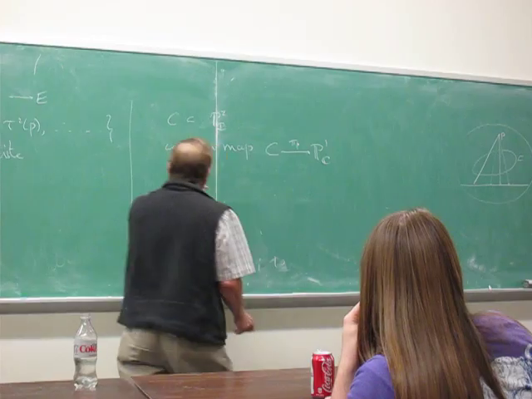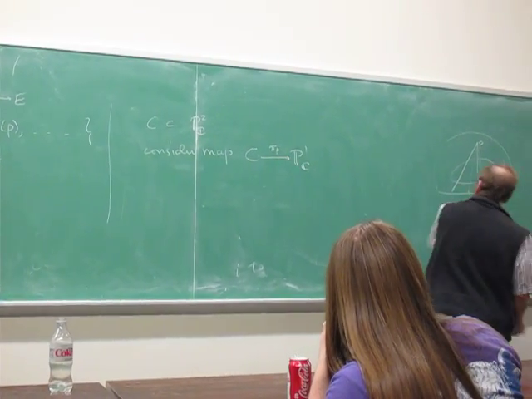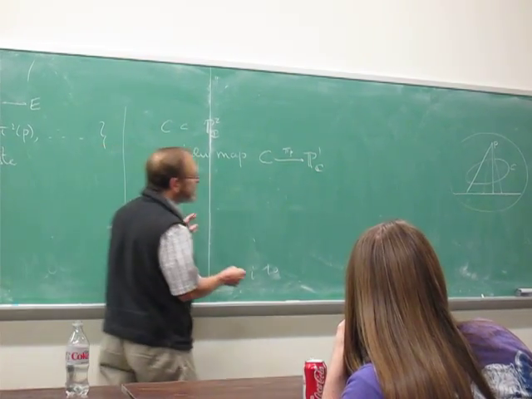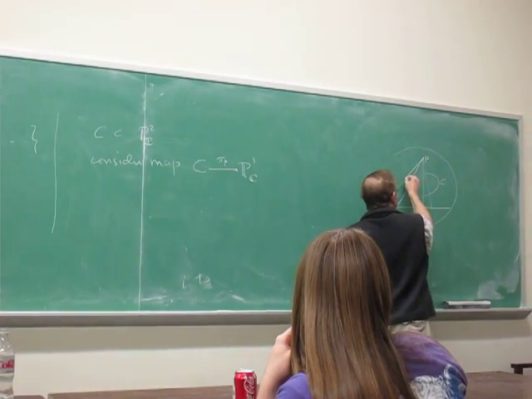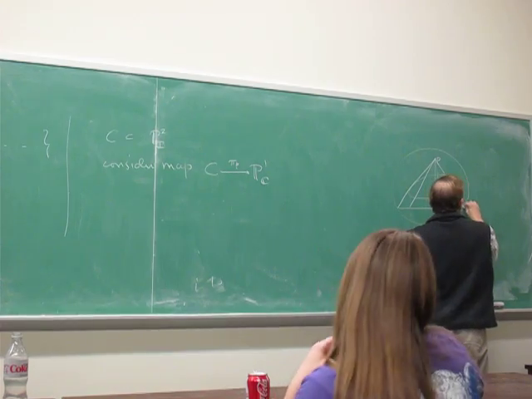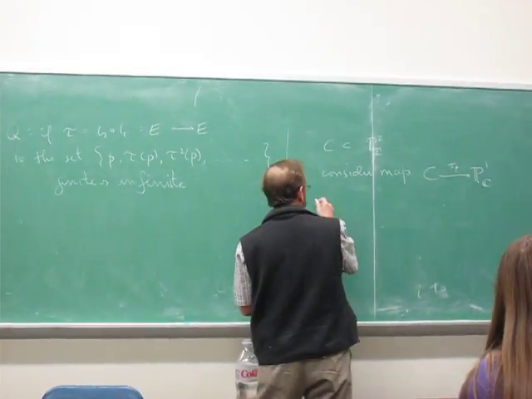Now this map, because we chose the point P off the curve C, is 2 to 1. It's generically 2 to 1, except over the 2 points corresponding to the tangent lines to C through the point P. And there are, again, 2 of them. So this is a branched cover.